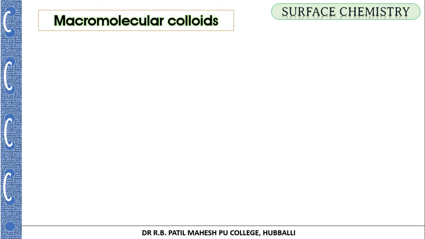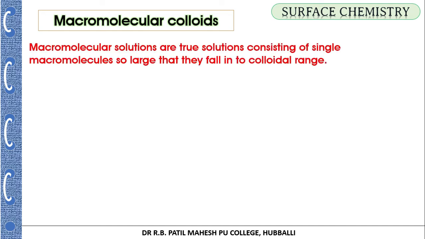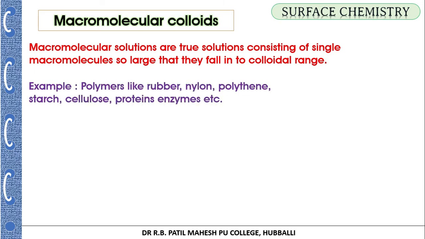So each single particle itself has a size of colloidal range and thereby acts as a colloidal particle. Macromolecular solutions are true solutions consisting of single macromolecules so large that they fall in the colloidal range. Examples, as I already told, are many polymers: rubber, nylon, polythene, starch, cellulose, proteins, enzymes, etc.